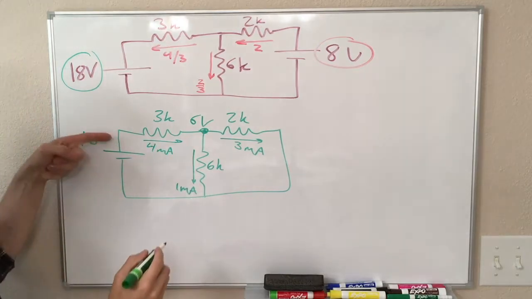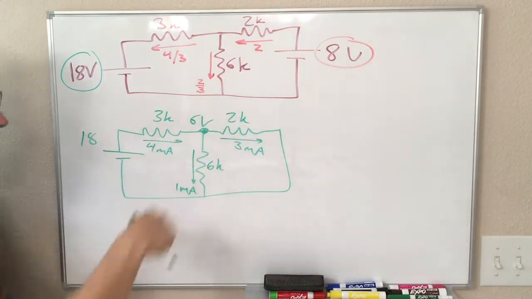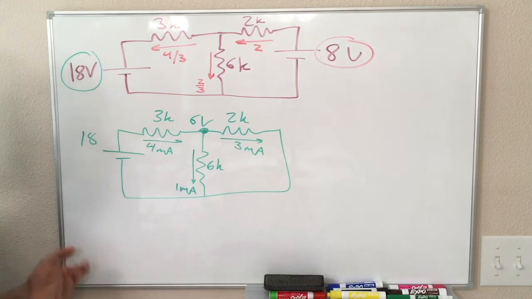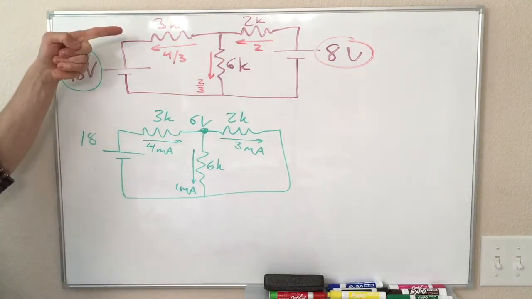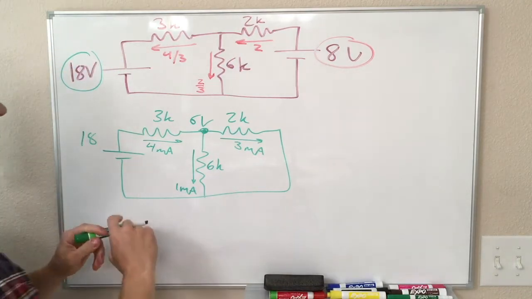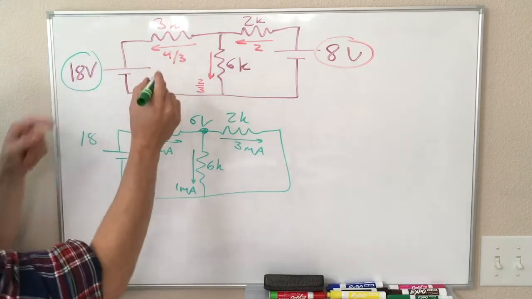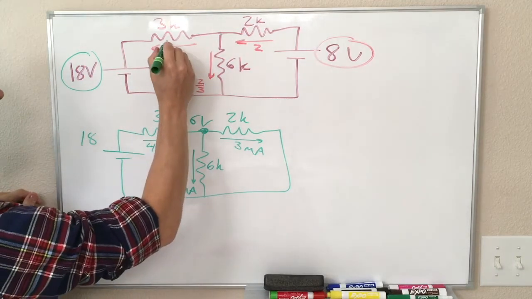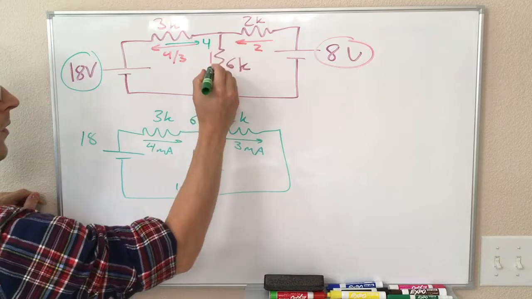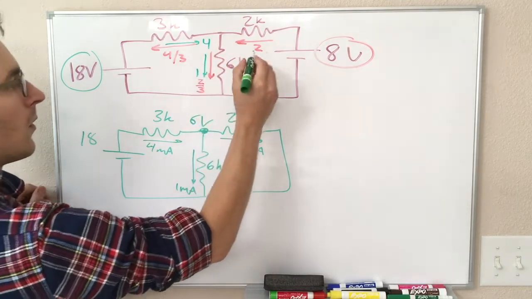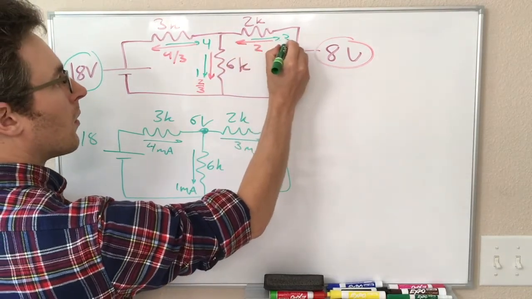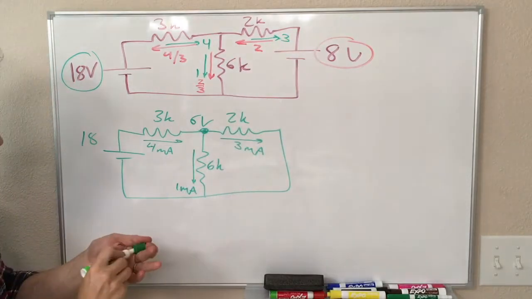And note 4 equals 3 plus 1. So, okay, Kirchhoff's current law still works for that. So now our total, well, let's put these currents on the board. And this will give us our final answer.